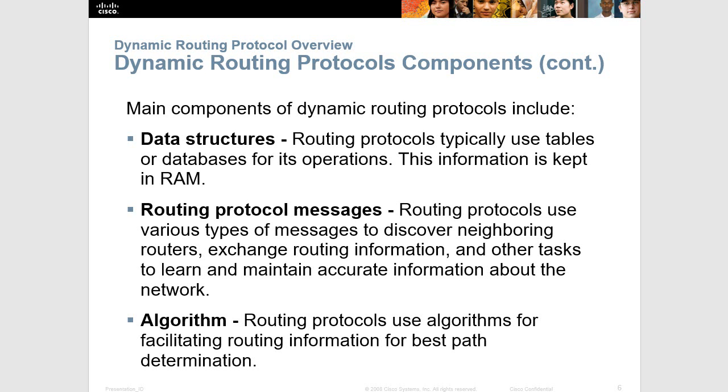You've got the algorithm, which is basically what the particular routing protocol uses to determine the best path, whether it's RIP or EIGRP or OSPF. So what algorithm does it use to determine the best path? So you've got those here.